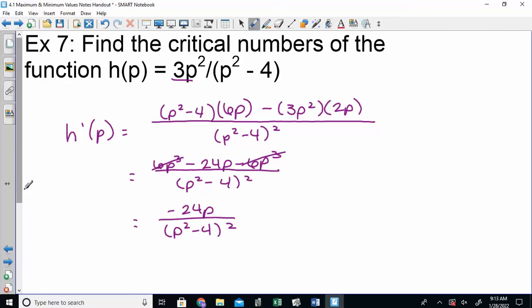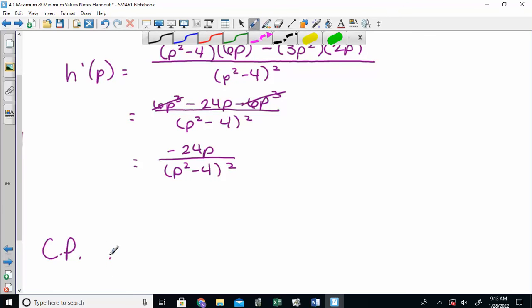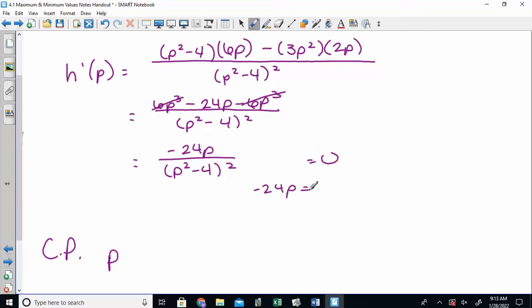Critical points. Anywhere this is 0 or undefined. So, if I want to know when this equals 0, you would multiply over the denominator and you just get negative 24p equals 0, which gives us 0. Where would this be undefined? When the denominator is 0.